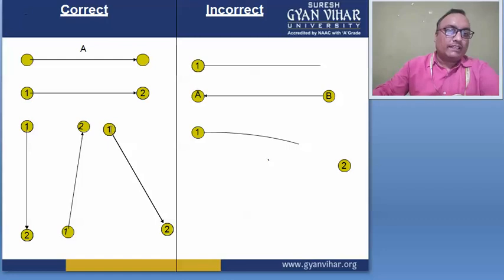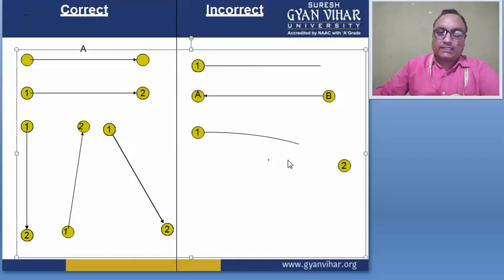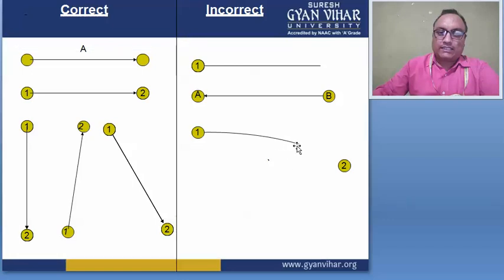So these are activities going from 1 to 2, and this is right. Here 1 to 2 is good, but this line is wrong because it breaks in the middle of the line. So these are incorrect activities. This distinction gives the correct and incorrect activities of the network. This is the correct activity and this is the wrong way.